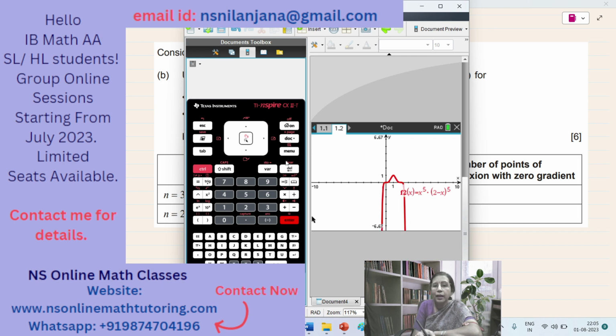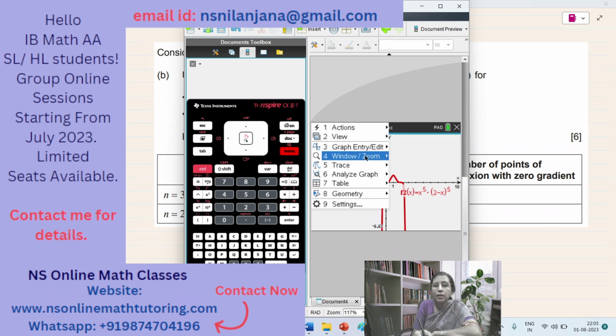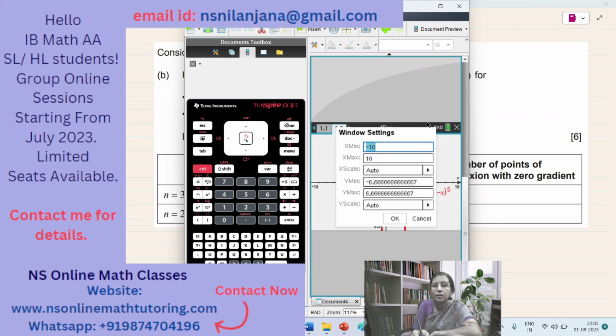Enter, and again I have to change the settings. Okay, let me take this from -5 to +5, and this from -2 to +2.